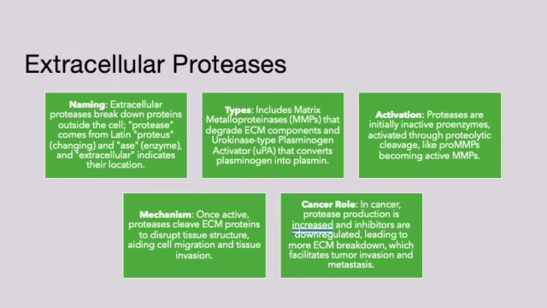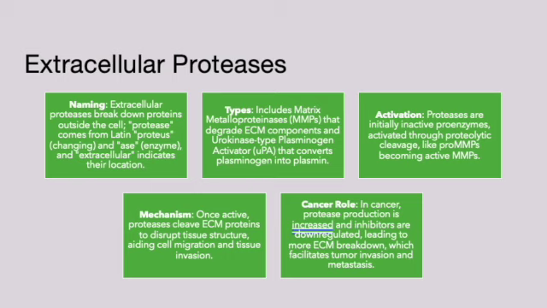So, for protease function in cancer invasion, they could either be upregulated or downregulated. So we have increasing expression, where in the cancer cells the genes that encode the proteases are often upregulated, which causes an increased production of these enzymes, and this heightened production facilitates a more extensive ECM degradation.